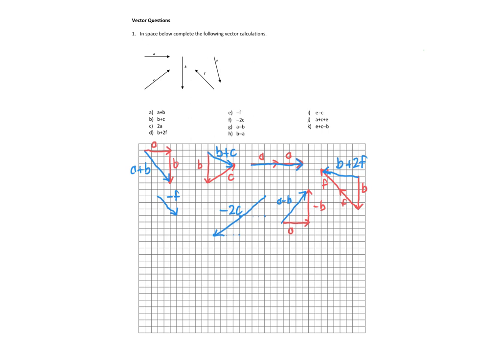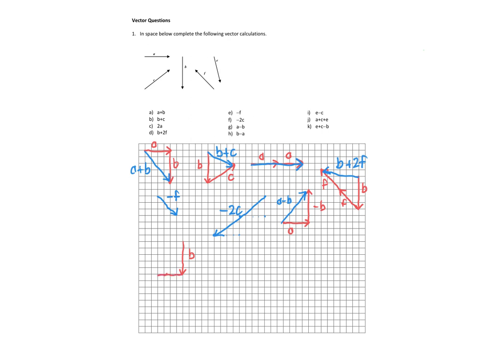And then we've got B minus A. So A plus B and B plus A are always the same, but it's not quite the same if you're doing A minus B or B minus A. So if we come down to here, we start with B. And I'm just trying to keep in my mind which way these are going. I think if I start here, that'll be right. There is B, and then minus A is horizontal, but instead of going to the right, it goes to the left.